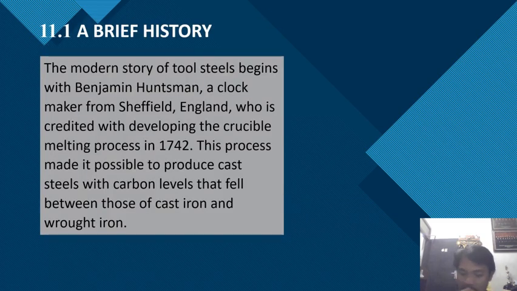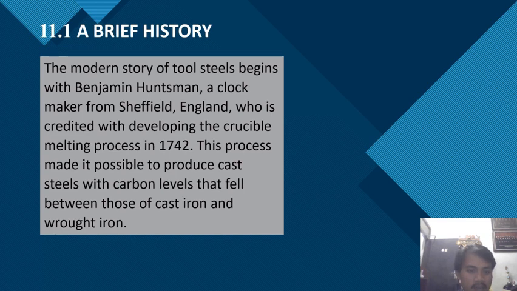Go to the first sub-chapter, a brief history. The modern story of tool steel begins with Benjamin Huntsman, a clockmaker from Sheffield, England, who is credited with developing the crucible melting process in 1742.